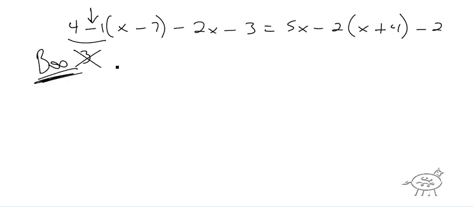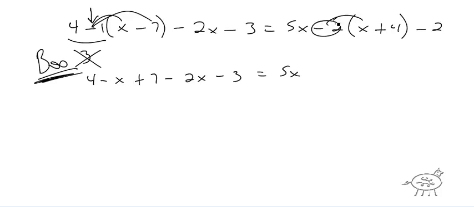Don't do that. You don't say 4 minus 1. You've got to distribute. So it's 4 minus, and distributing the negative, it's negative x plus 7. Minus 2x minus 3 equals 5x. Distribute the negative 2 to both those terms, so minus 2x minus 8 minus 2.